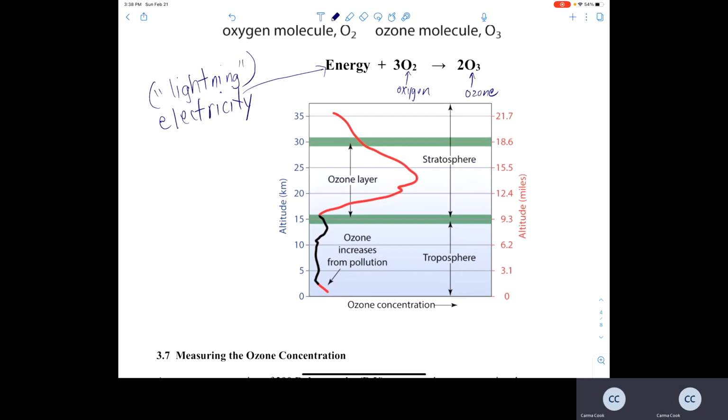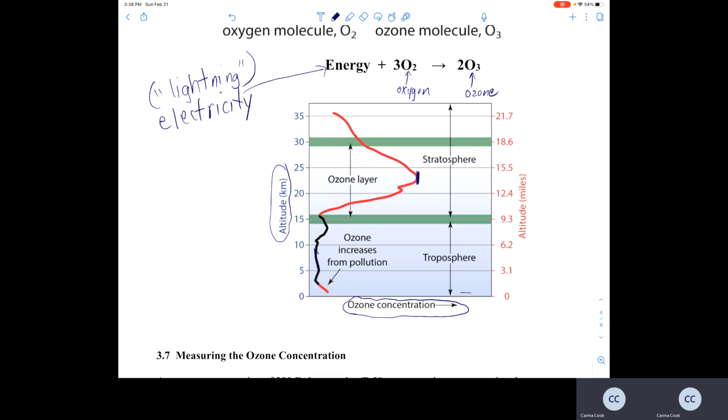And so this next figure shows us the altitude in kilometers on the y-axis versus the ozone concentration on the x-axis. And so the ozone concentration is increasing as you go from left to right across the x-axis. So in the stratosphere, you have the highest ozone concentration.